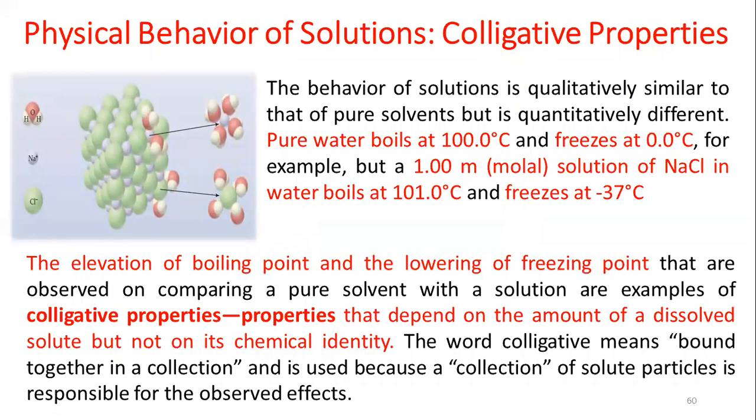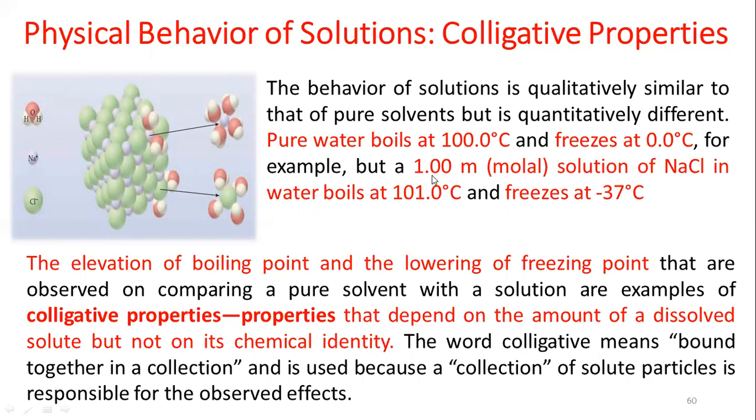So based on this, solutions are going to depend on the mass of the solute, and one of the examples is given over here, as I have explained before. If you want to dissolve sodium chloride in water, you know that pure water boils at 100 degrees centigrade and freezes at 0 degrees centigrade.